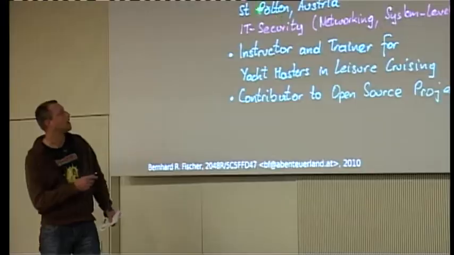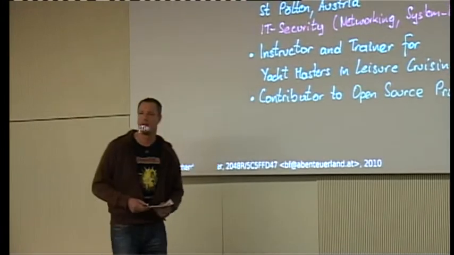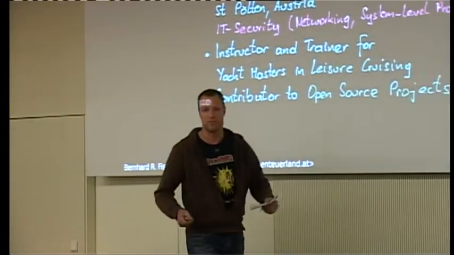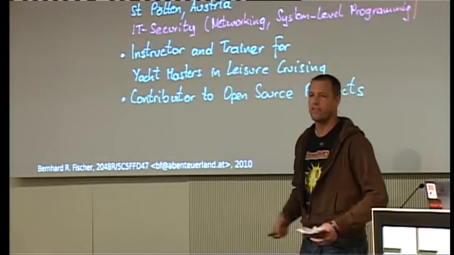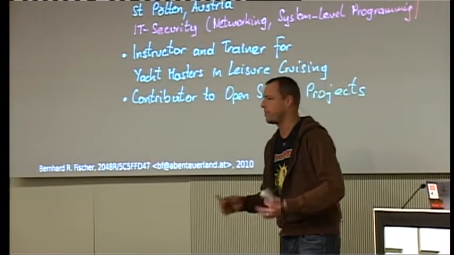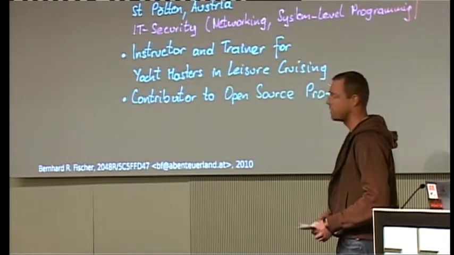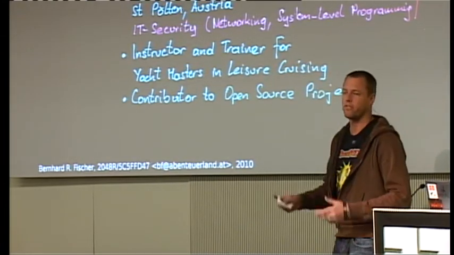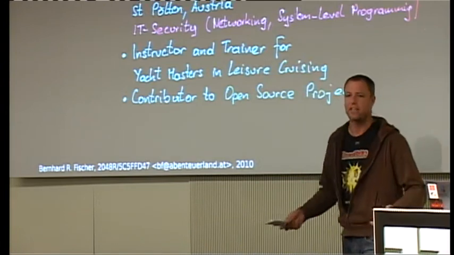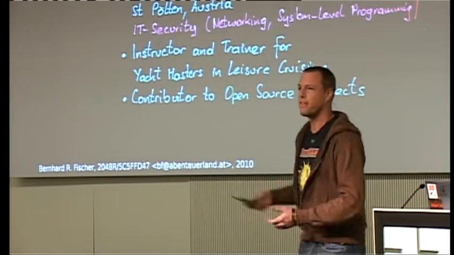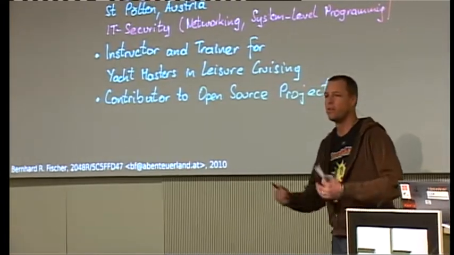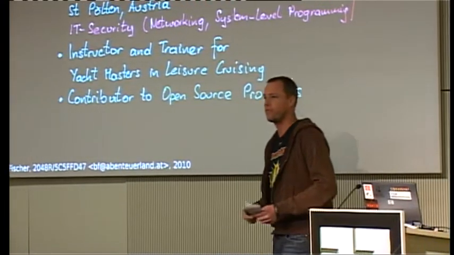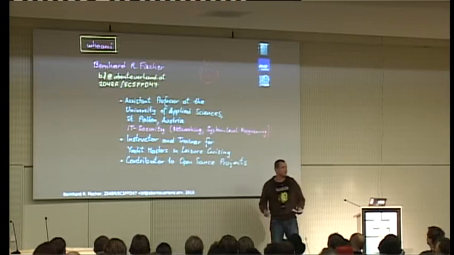And in parallel, I'm a professor at the University of Applied Sciences in Austria, where I deal with security issues, mainly in the network area and system level programming and stuff like that. So actually I'm an IT guy, I'm not some marine mapping guy. But because of those two personal interests, it's clear that I joined this OpenSeaMap project.